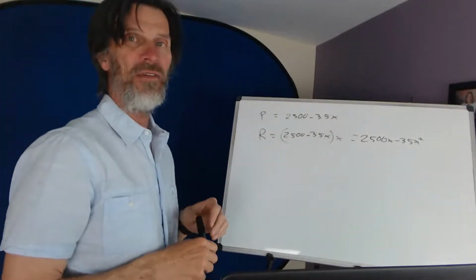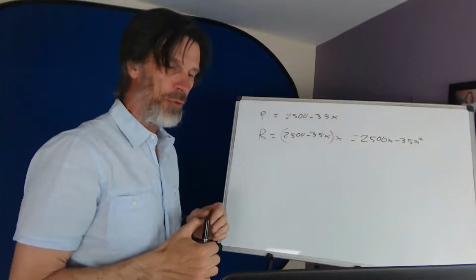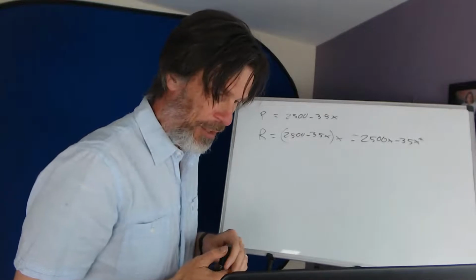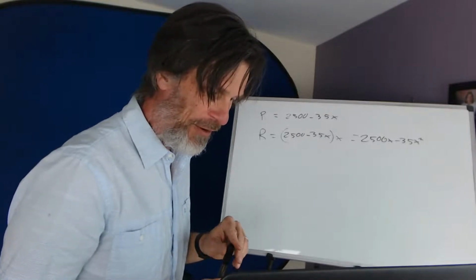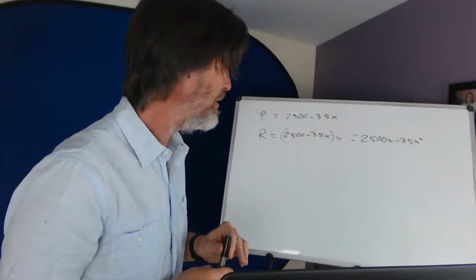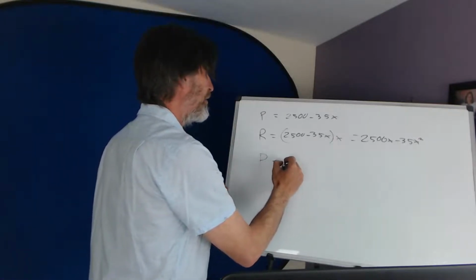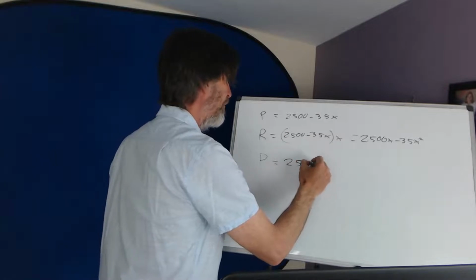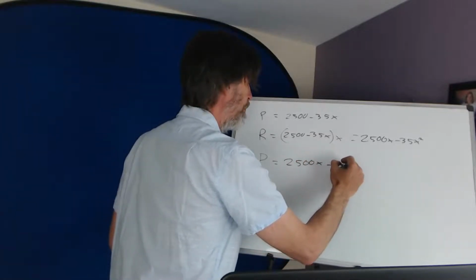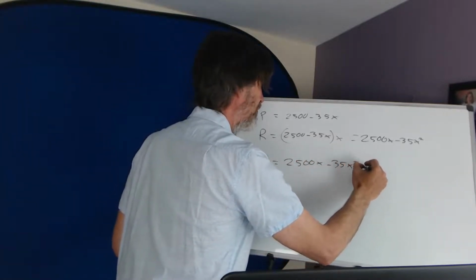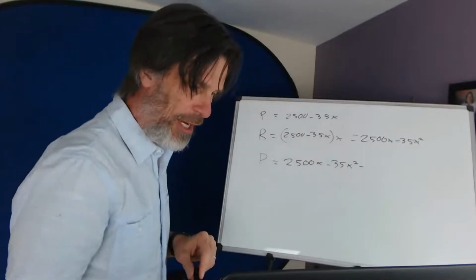That's the amount of money we have coming in, depending on how many units we produce. The cost function is 4,500 plus 10x, and the profit is going to be the revenue minus the cost. So 2,500x minus 35x squared minus the cost function.